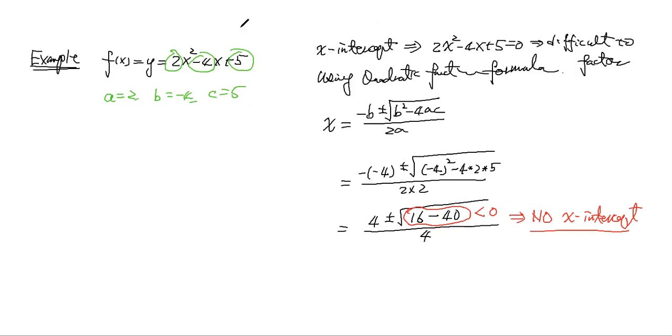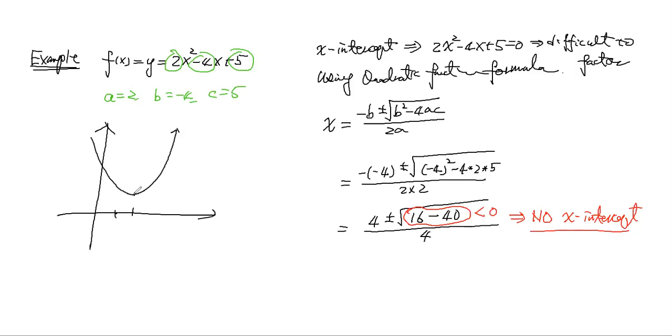So now, what is my graph going to look like? I don't know exactly where it is, but the graph is probably somewhere in here, right? Because a is positive, that means it opens up.